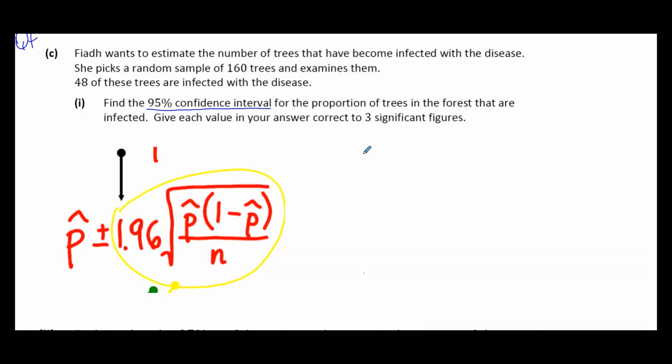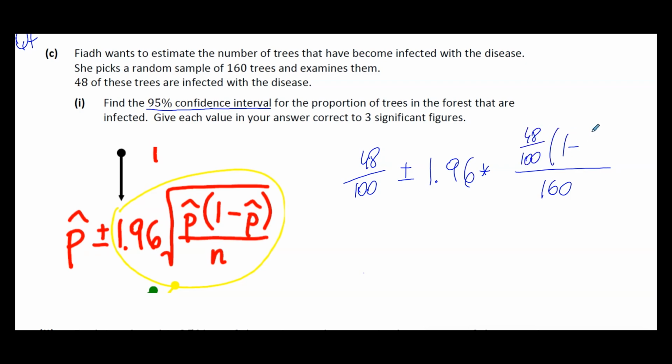So 48 out of 160, plus minus 1.96 multiplied by the square root of, in brackets, the sample size is 160 again, p, so that's my fraction, times 1 minus that fraction, all of that under the square root.